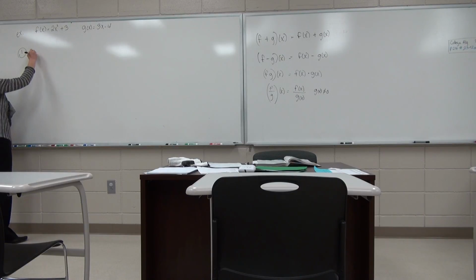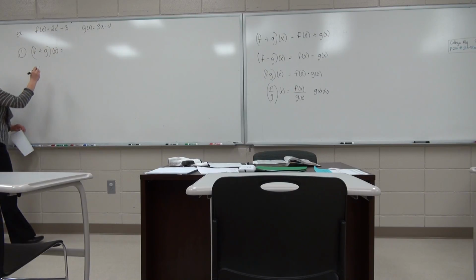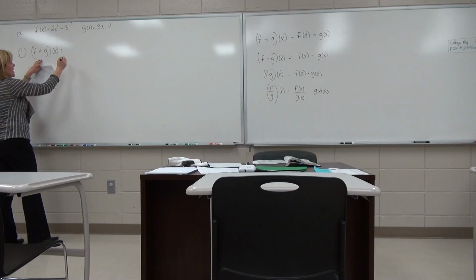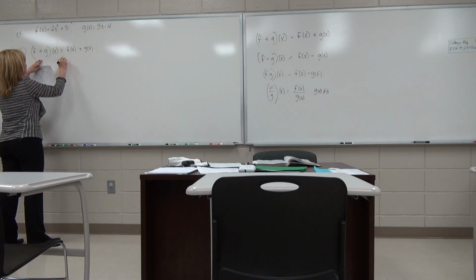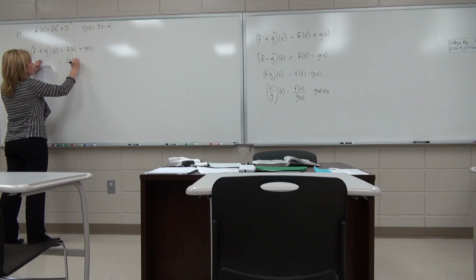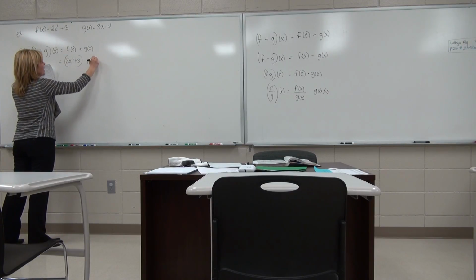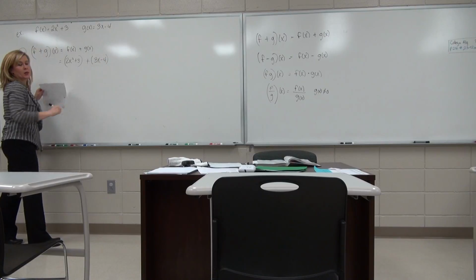Okay, on the first one, let's say if I want to find f plus g of x. Well, by definition, that means that I add them. I want to say f of x plus g of x. So that means I'm going to say 2x squared plus 3 plus 3x minus 4.